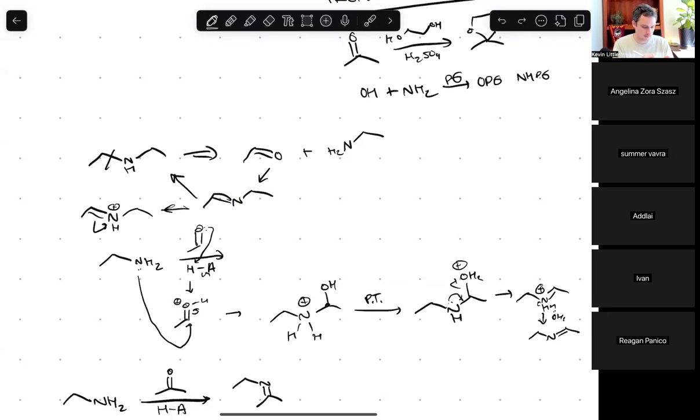No, it would not, actually. We'd get that. This carbon would lose a bond and would have a positive charge. So that doesn't get us there either. You're missing something very important. How many hydrogens are on this carbon? One. How many hydrogens are on this carbon? Two. Where did that hydrogen come from?